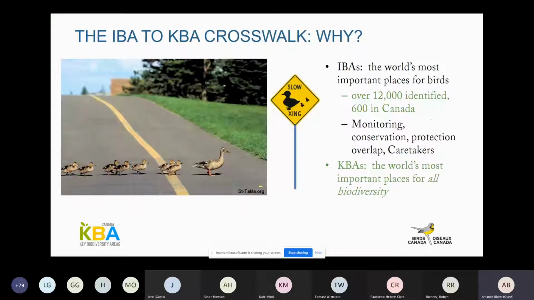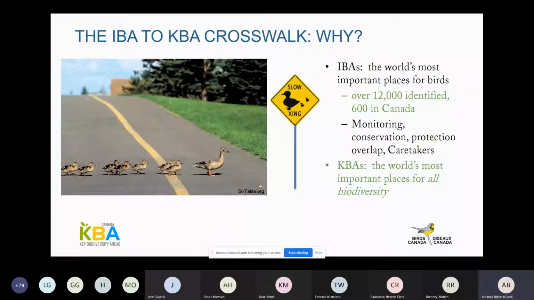So again, the crosswalk was an analysis that we did to determine which IBAs in Canada will be candidate KBAs. And why did we do this crosswalk? Well, like Kira said, the IBA program has been around for more than 20 years, and there are many established sites using scientific benchmarks and a lot of ongoing work at IBAs already.